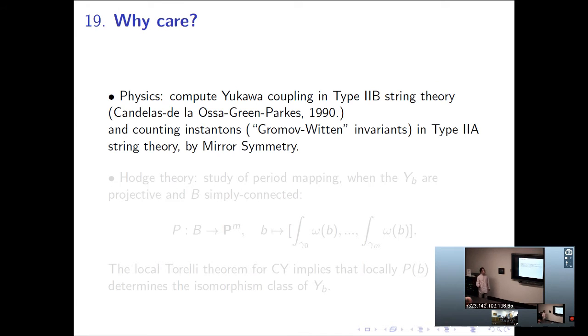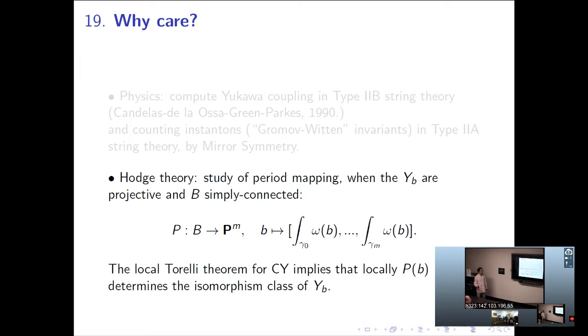So there are several reasons we care about such things. From physics, it's known that these pure integrals can be used to calculate so-called Yukawa couplings in type IIB string theory. And then by mirror symmetry, it can be used to calculate genus 0 Gromov-Witten invariants. And from the Hodge theory point of view, we have the local Torelli theorem for Calabi-Yau manifolds. So if we can calculate these pure integrals, hopefully it can help us understand the geometry better.